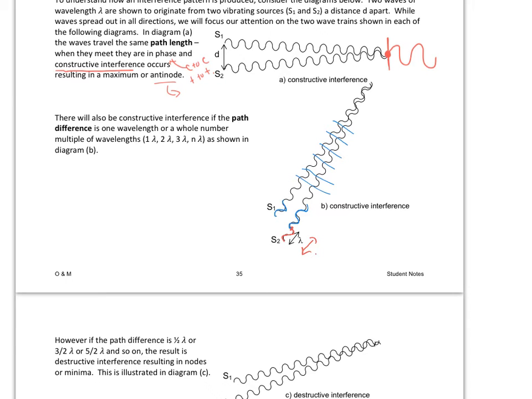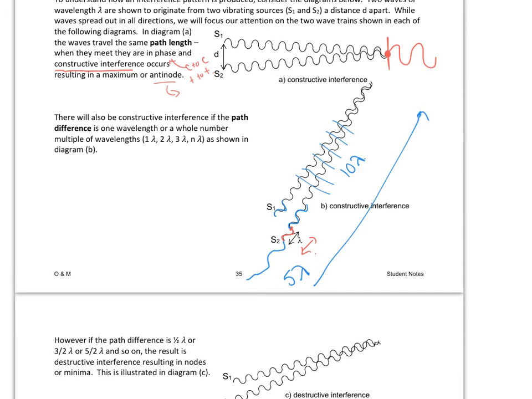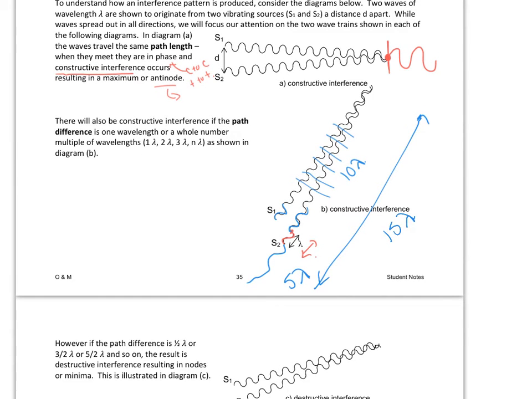We could also have multiple. Maybe we had 5 wavelengths before, and then 10 wavelengths together afterwards. The total path of S2 is 15 wavelengths, and the total path of S1 is 10 wavelengths. However, they meet at the exact same point in the end, and so we will have constructive interference where they add together.